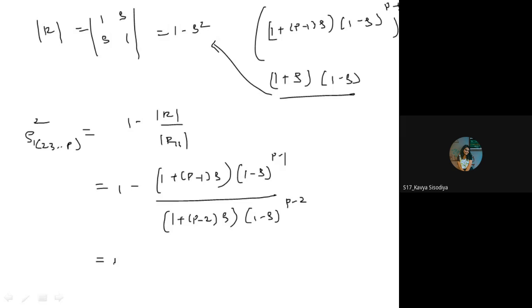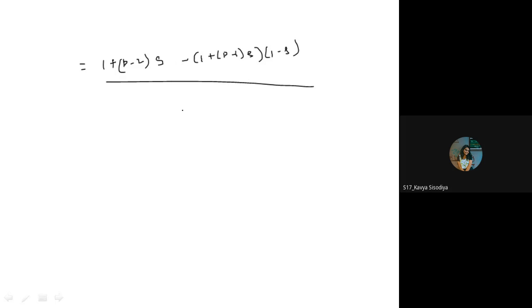So what will you get? It is 1 minus 1 plus p minus 1 rho into 1 minus rho. Because it is p minus 1 and this is p minus 2, that cancels out. And here it is 1 plus p minus 2 rho. So just multiply with this and divide by this. What will you get?